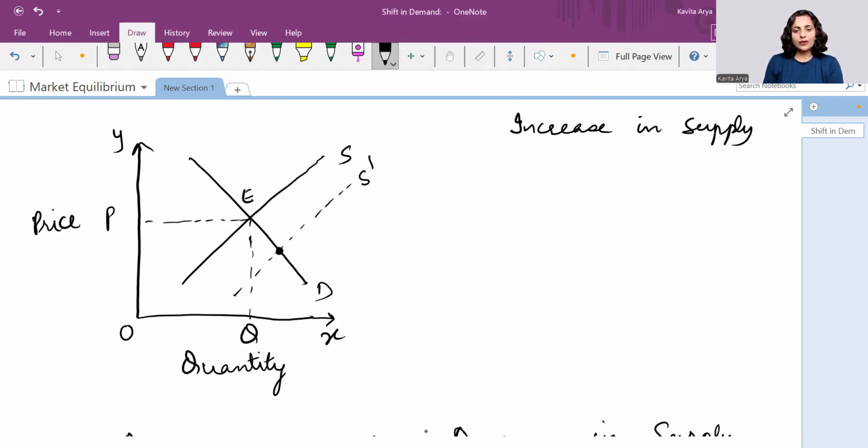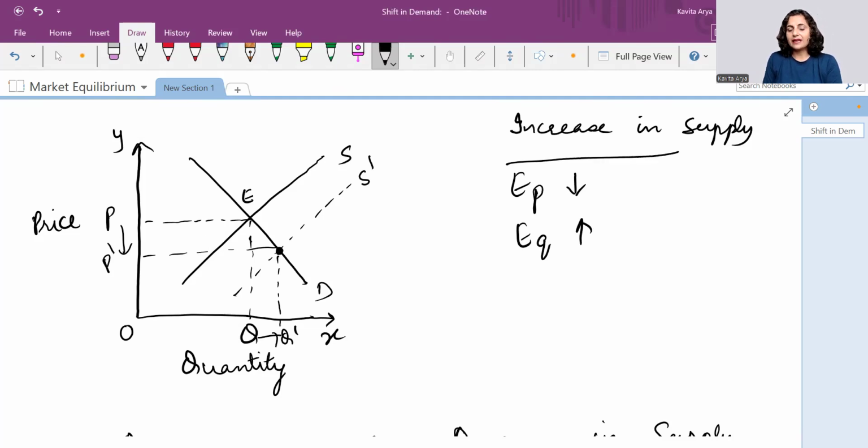Because the supply has shifted rightwards, meaning increased supply, the quantity would definitely be increased. But because it gives a situation of surplus, it will result in a fall in the price. So equilibrium price here falls and equilibrium quantity here rises.